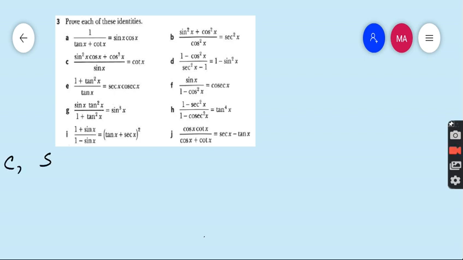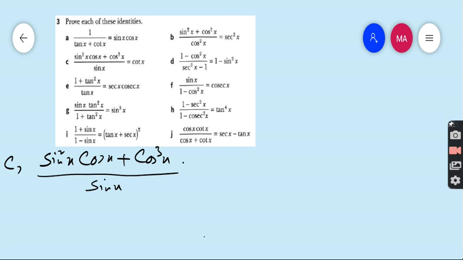Part C is sin square x cos x plus cos cube x upon sin x is equals to cot x. Again a very easy part.